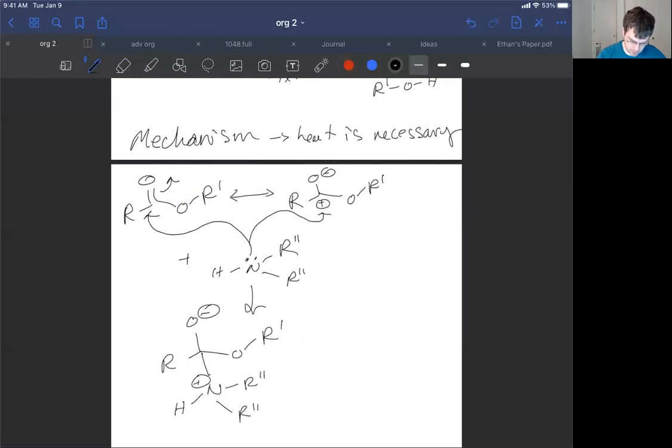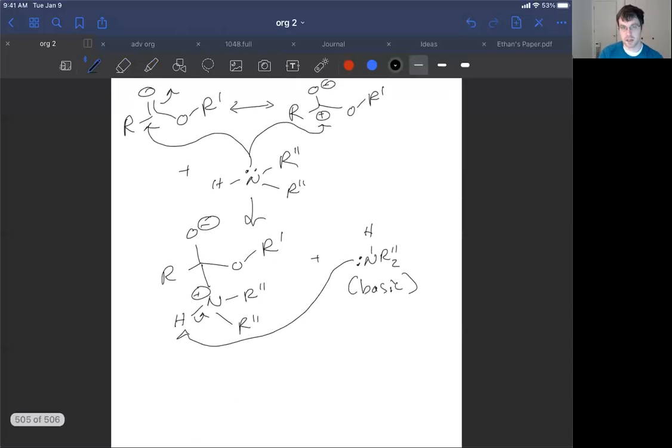And at this point, what we're going to do is see another NR2H, another amine, come in and pick off the hydrogen because amines are basic. We've used them as bases before, it's just that we prefer to use tertiary amines as the base. Okay.